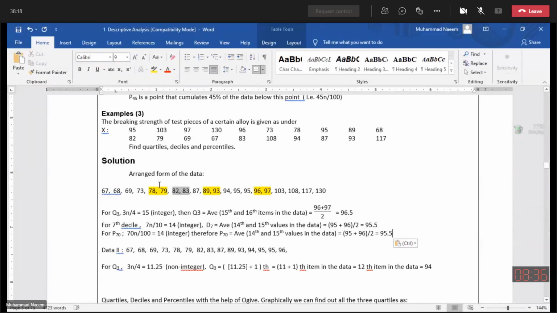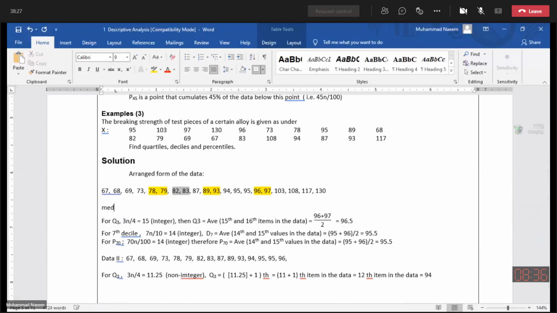What about the median? Median is either the middle value or the average of two middle values in the data.